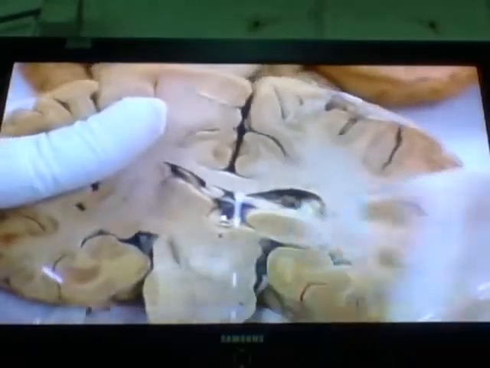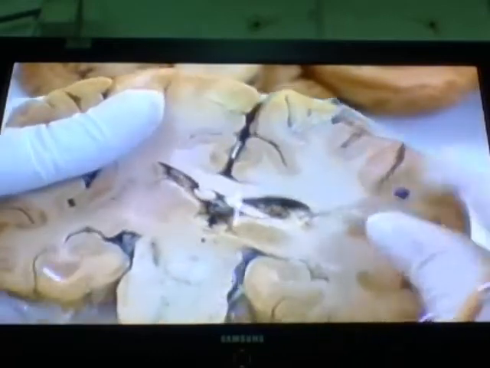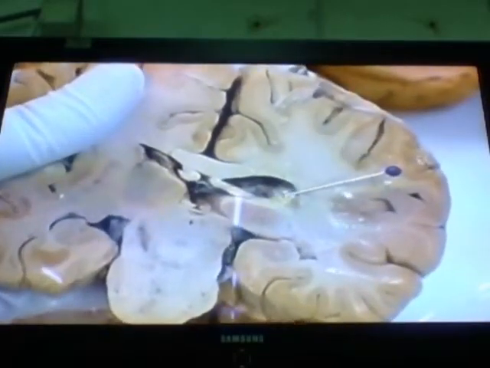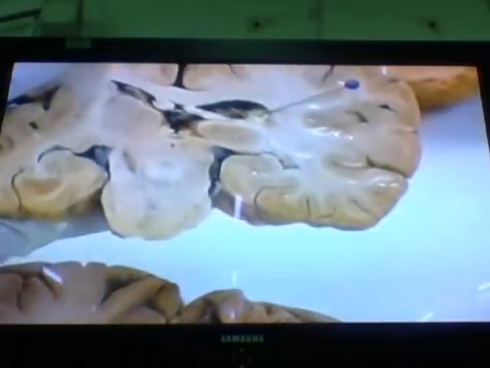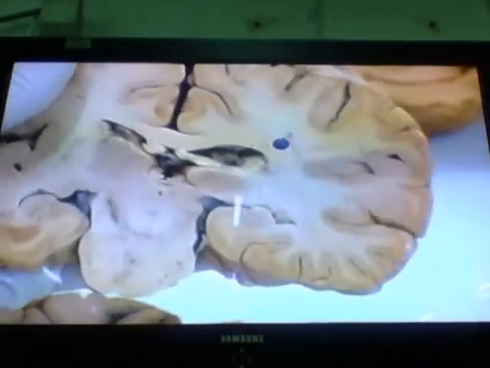So this one is well developed right here. Who is that structure right here? Once again, that's the stria terminalis.